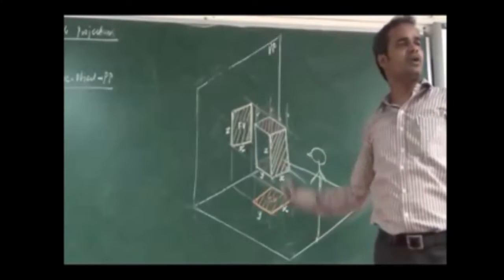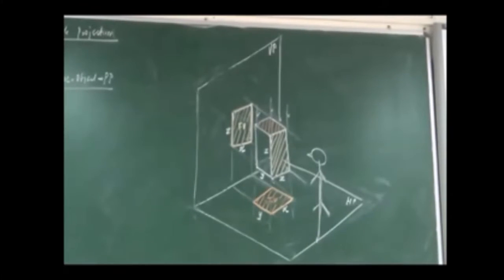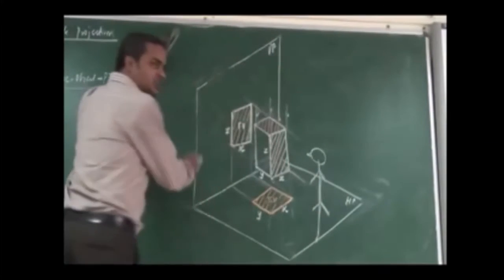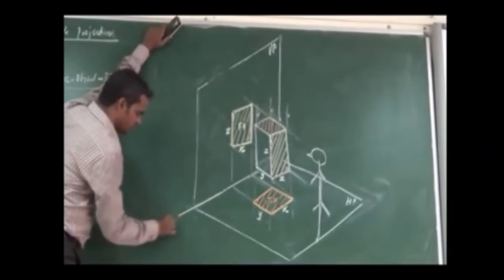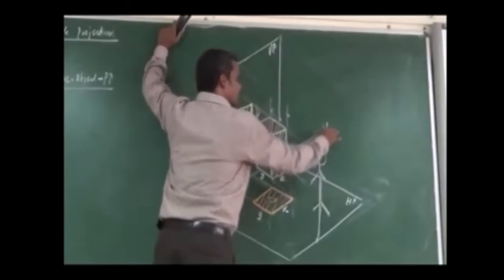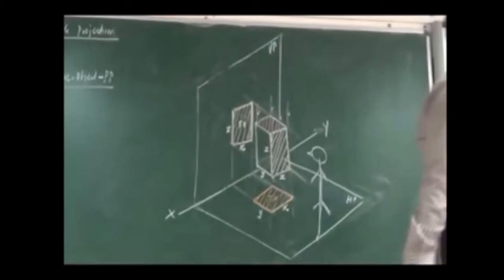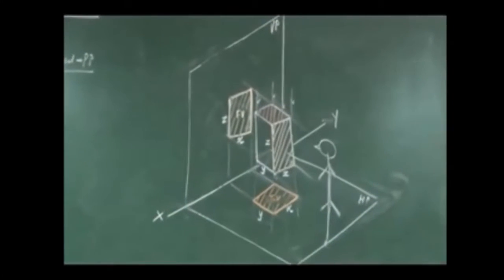I have got a front view and a top view, and I have to draw this front view and top view in a 2-dimensional manner. The intersection of the horizontal plane and vertical plane is nothing but the reference line. I can notate it as x and y.